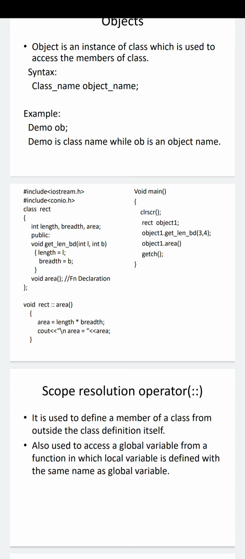Now in the main function we call the area function using the object. The syntax is object1 dot area. When we call the area function, length into breadth is multiplied, that is 3 into 4, that is 12, which will be assigned to the variable area, and then we output the area, that is 12 will be the output.